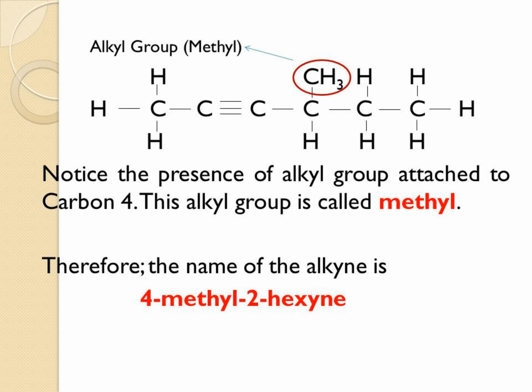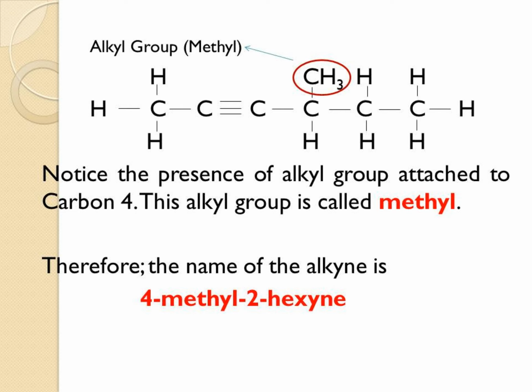So, the parent chain or the longest continuous chain of carbon is 6. And that is hexane if we are considering that as an alkane. But since we have the triple bond between carbon 2 and carbon 3, then it becomes an alkyne.